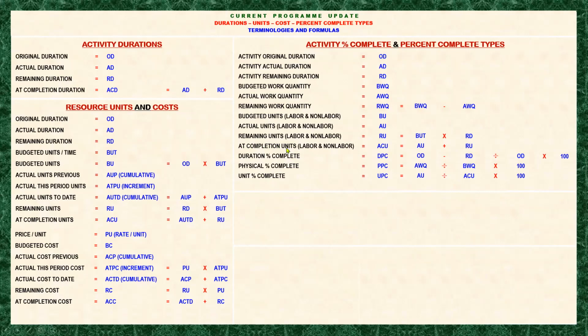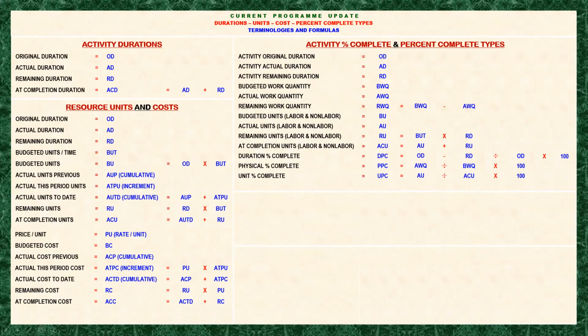If the resources are working with good efficiency, then the at completion units will be lesser than the budgeted units. Otherwise, it will be larger than the budgeted units, which means that you are spending more than the plan.